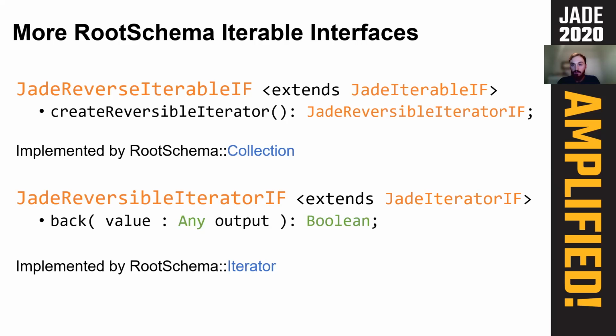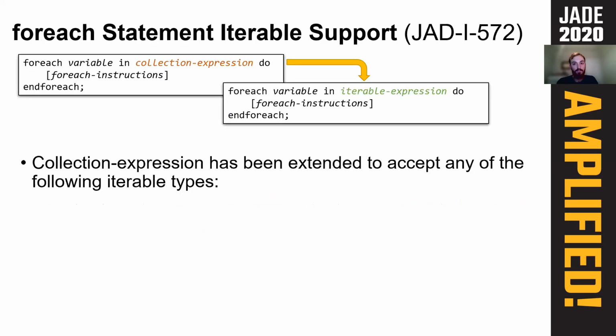This provides a contract for the implementing class to generate or access elements in the opposite direction to the next method on the iterator interface. And again, these are implemented by collection and iterator by default.